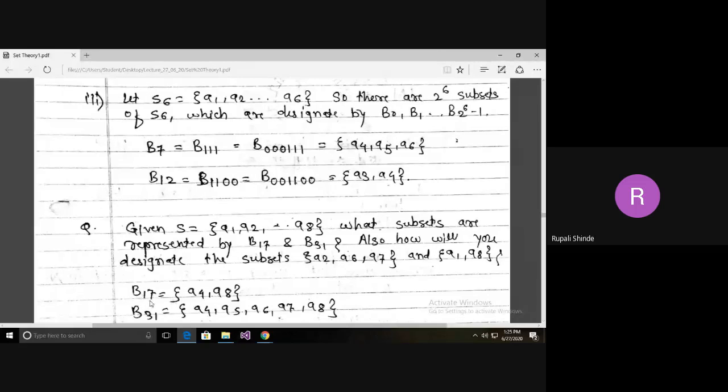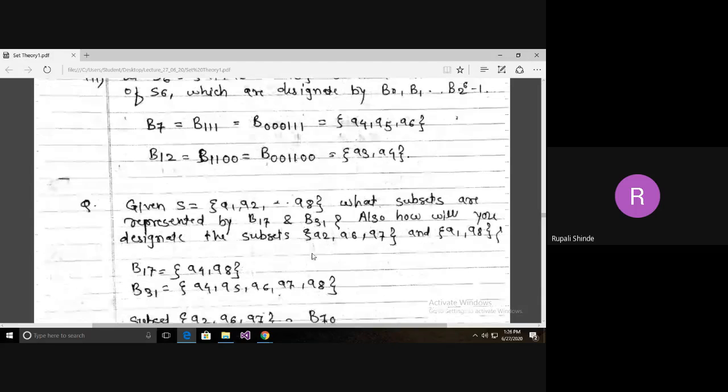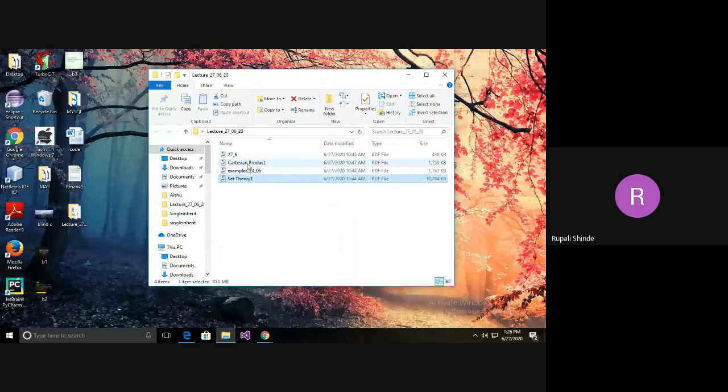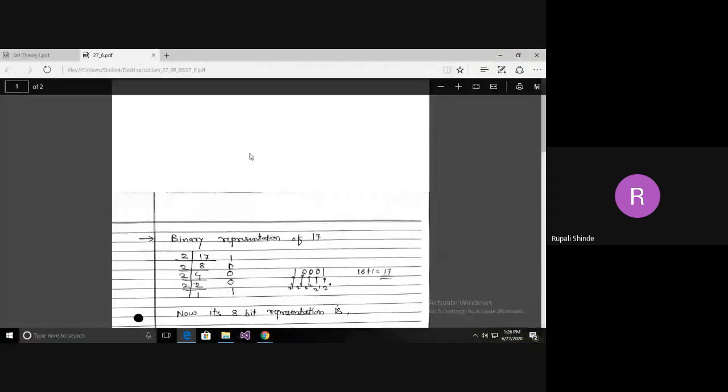Now this B17 will contain the elements A4 and A8. Likewise this B31 will include the elements A4, A5, A6, A7 and A8. So these examples are solved here.